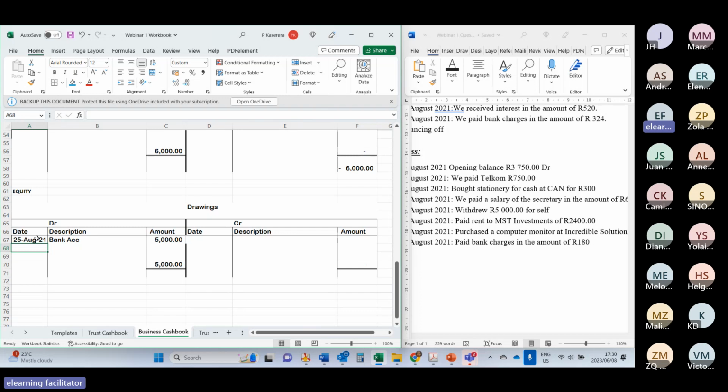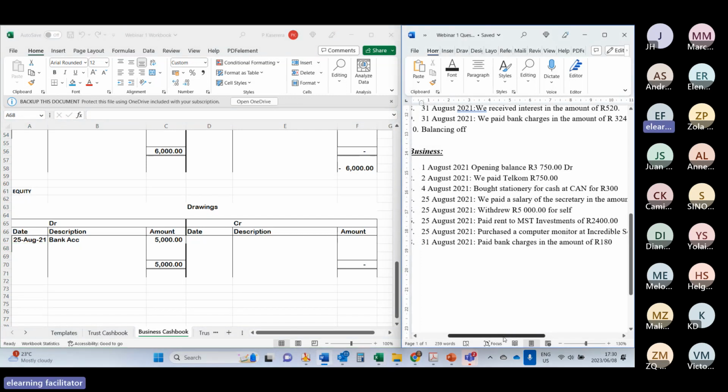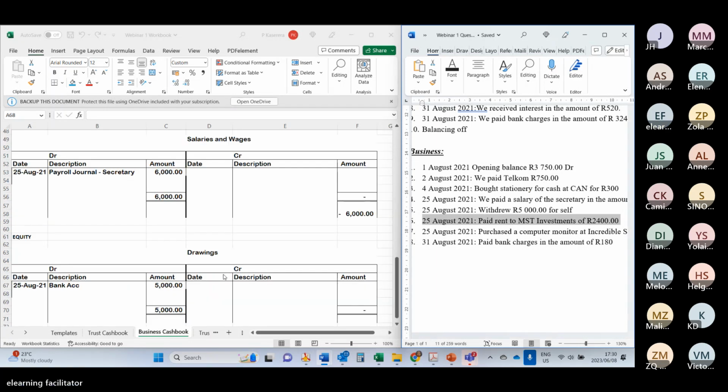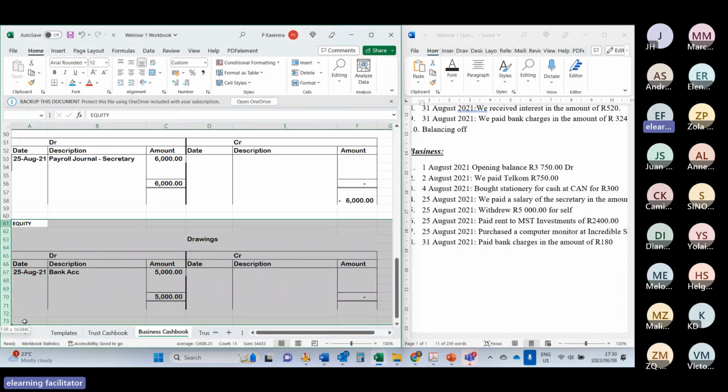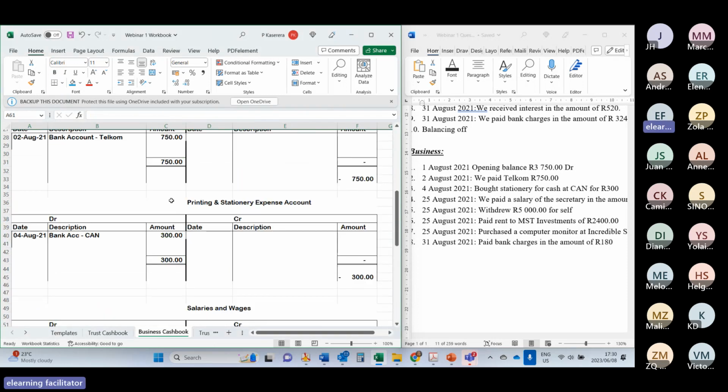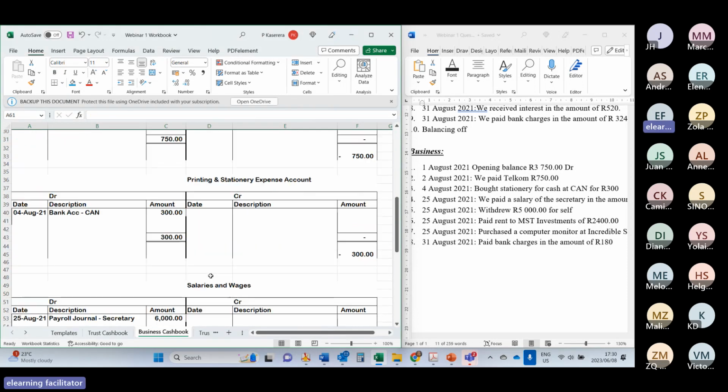And then we pay rent to MST Investments. So most probably, this is for 25 August, we are paying rent. So our rent, we are paying it in advance. This is now rent for September. So it's part of our general ledger, this is our general ledger.